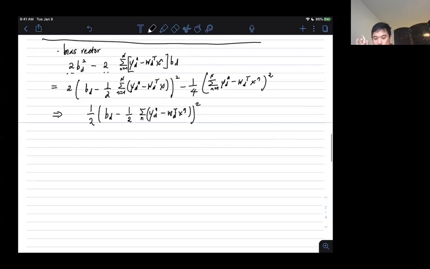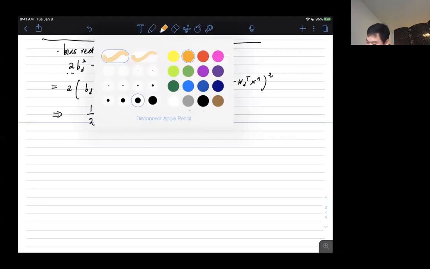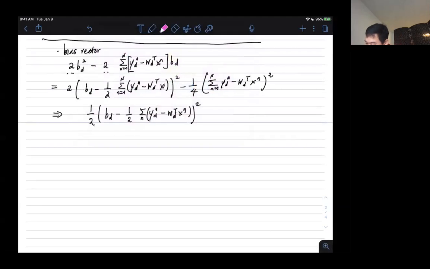Now, this is again a quadratic format, and what it means is the log probability of b_d is a quadratic with respect to b_d. What it means is that it's going to be, again, a Gaussian distribution where the mean is going to be this. And then in this specific case, our variance or standard deviation is going to be just 1, right? So it turned out to be like that.